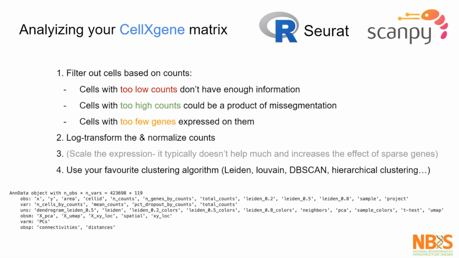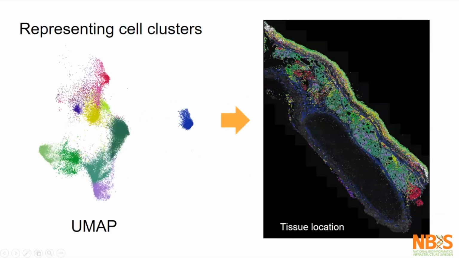And after these transformations, what we can do is clustering in the same way that you would do it with a single cell data set and with your favorite algorithm. Here I'm representing my clusters in a UMAP in two dimensions, so you can see every cluster is a different color.